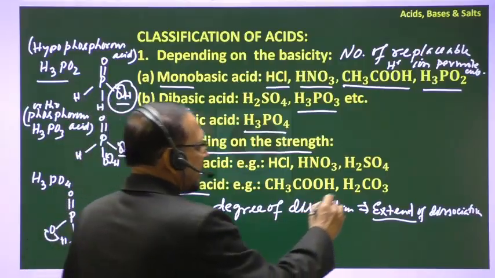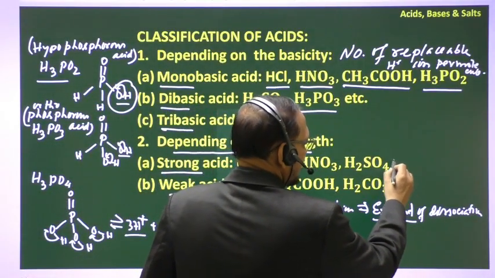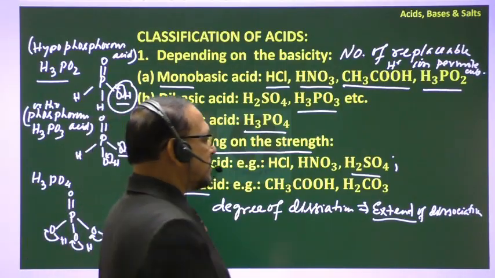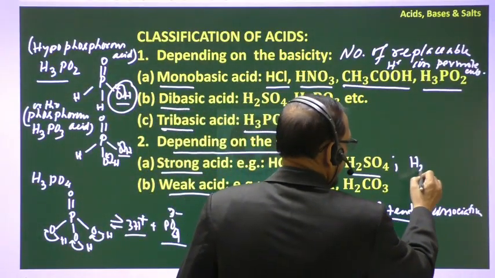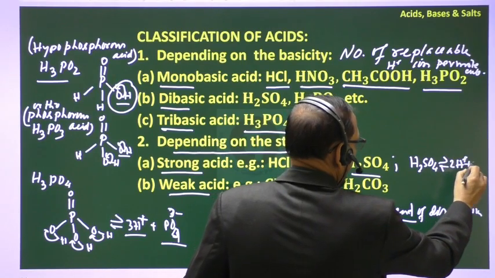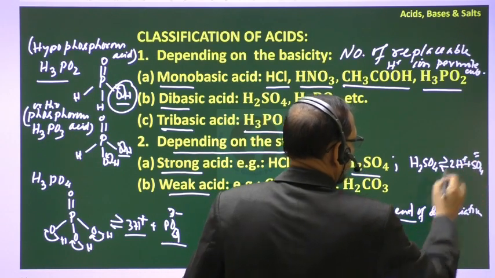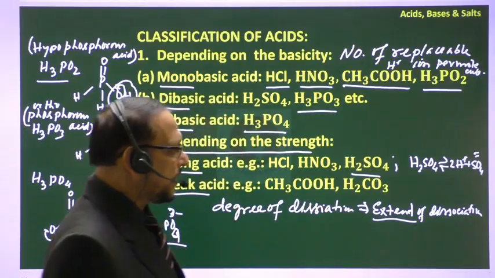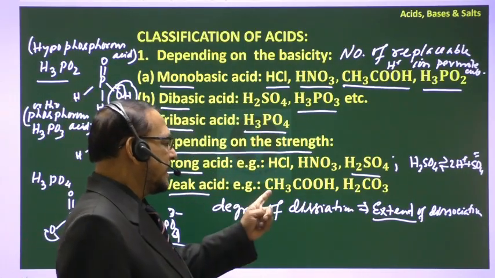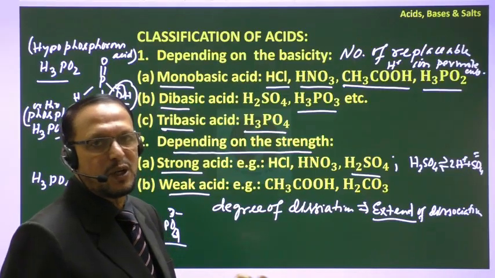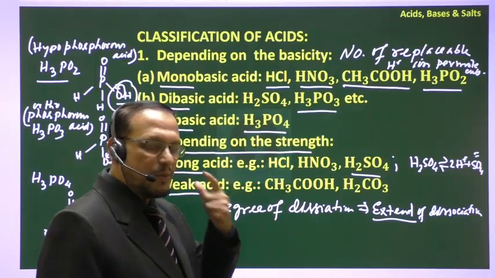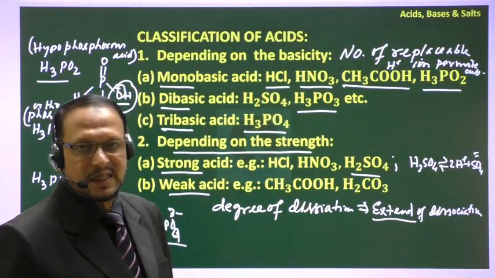Now see, H2SO4 is a strong acid. Why? Because it will ionize completely. H2SO4 will give 2 H plus and SO4 2 minus. It will ionize completely. But acetic acid contains 4 hydrogens, and it gives only 1 hydrogen. Not only that, the percentage of dissociation is less.